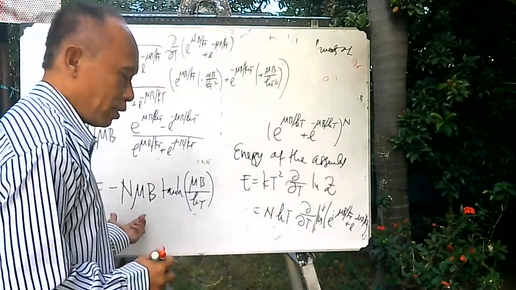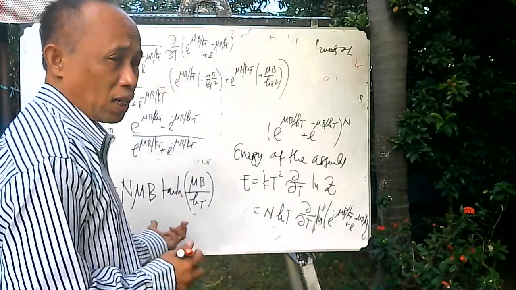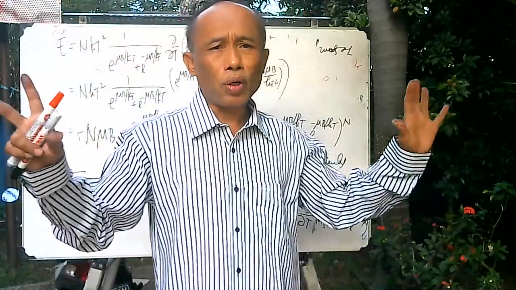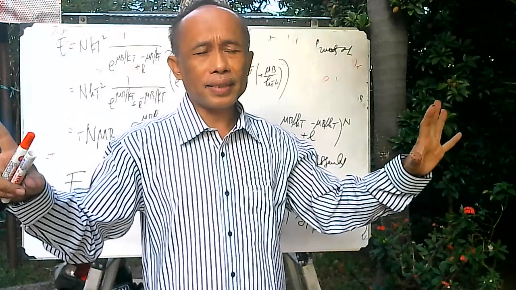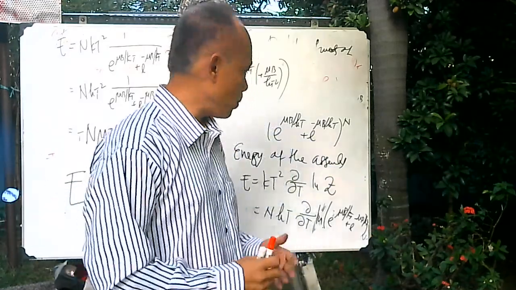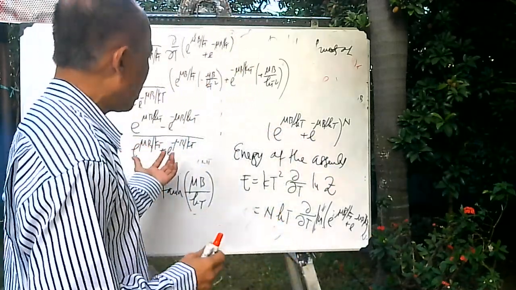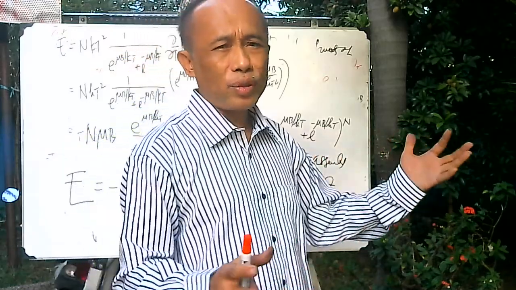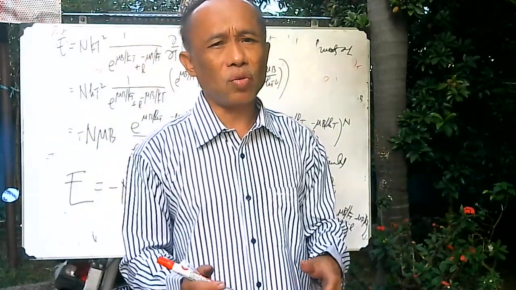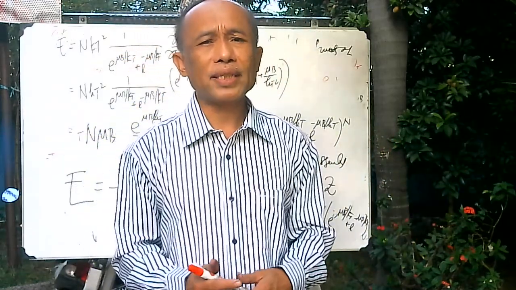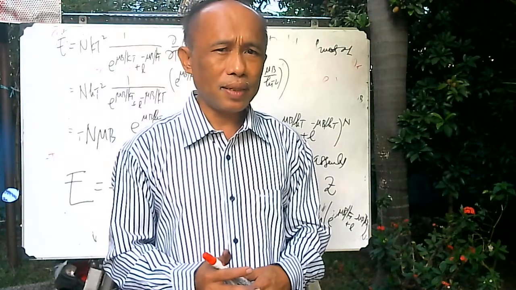We demonstrated here that the energy of the assembly calculated by both approaches is exactly the same. So from now we can use this method to avoid the difficulties in calculating the partition function of the assembly.